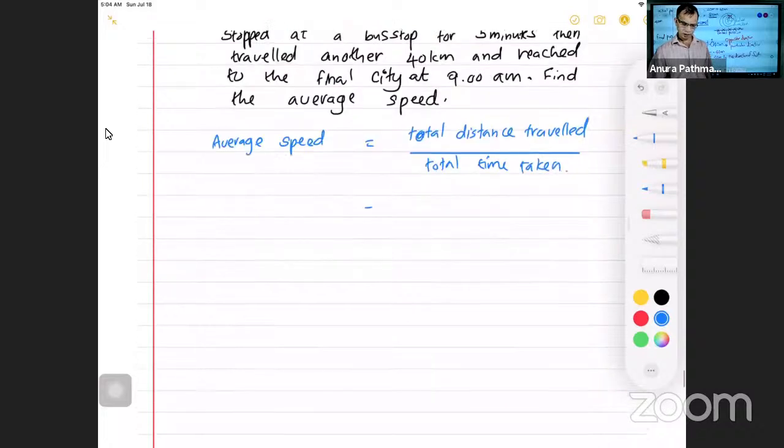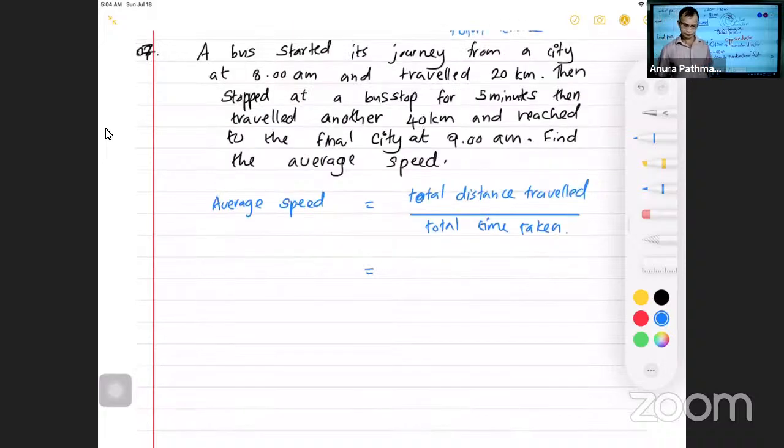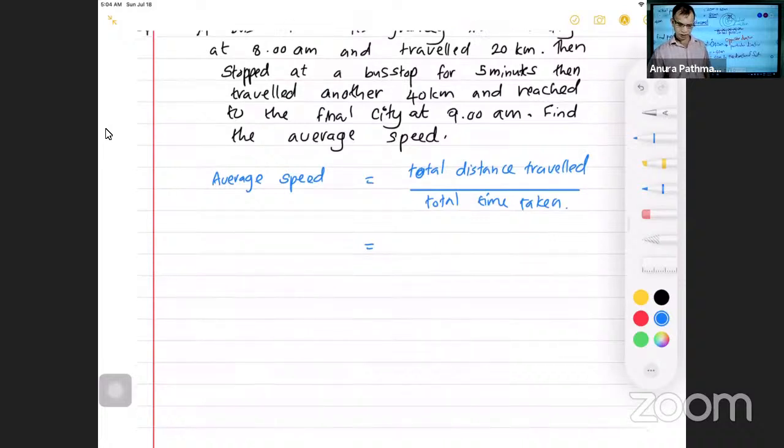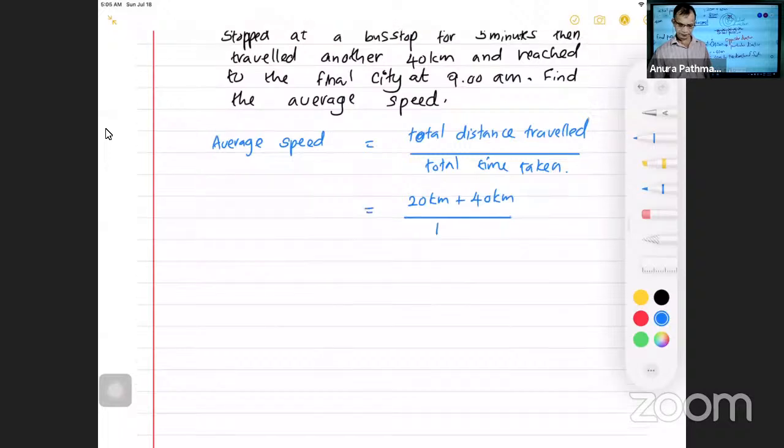So the total distance traveled is 20 plus 40, 60 kilometers. 20 kilometers plus 40 kilometers divided by 1 hour.